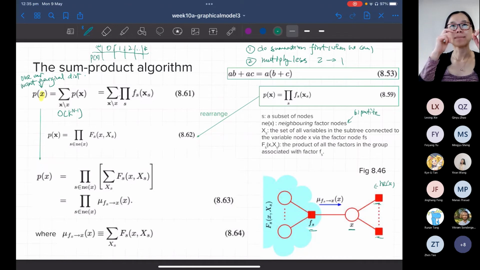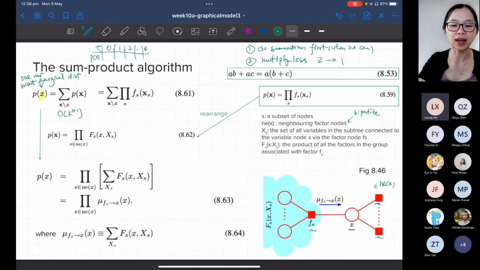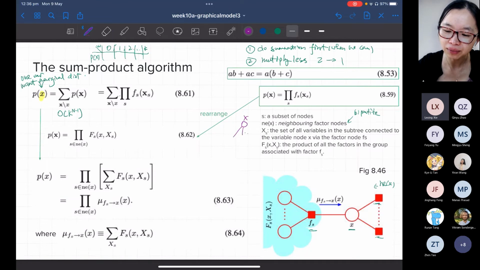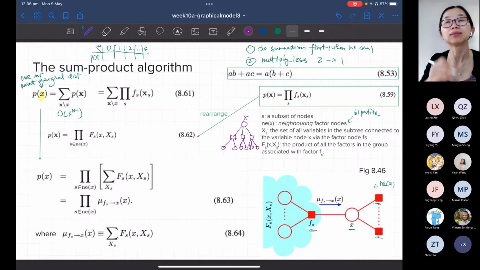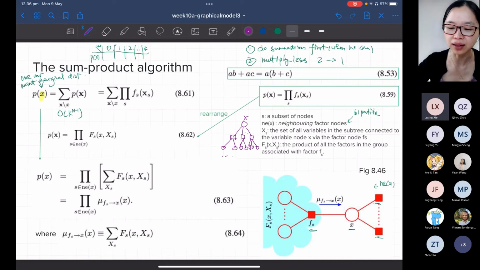So in this sort of bipartite tree, what we expect is something like this. We have x, and then it has a bunch of children nodes, which are all factors. Each of them has a bunch of children nodes, which are now variable nodes, and it goes on and on.